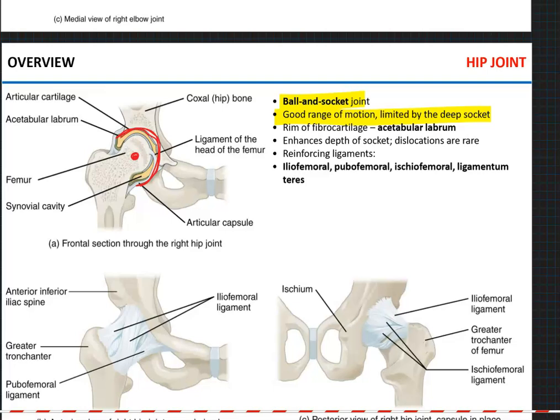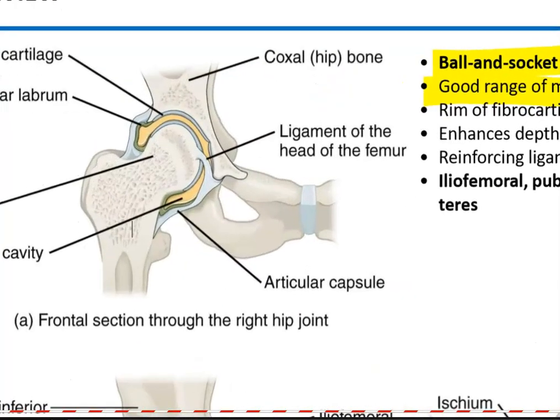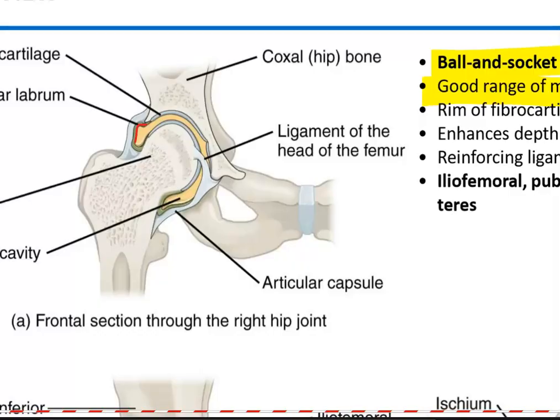Another thing is, on the ridge of the acetabulum, there's an extension made out of cartilage. Okay, you see that green stuff? So this is extra cartilage built on top of the bone that improves the fit, kind of hugs the head of the femur even more.